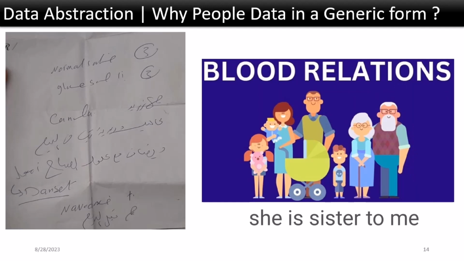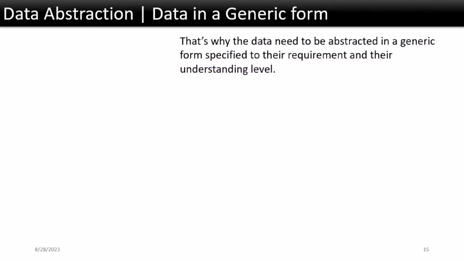In terms of blood relationship, I am zero. I can never understand. It takes too much time to understand it. The moral we can understand is certain people can only understand certain things. Everyone cannot understand everything. So data need to be given in a generic form to be understood by everyone. And that's why data can be abstracted in a generic form specific to the requirement and the understanding level.